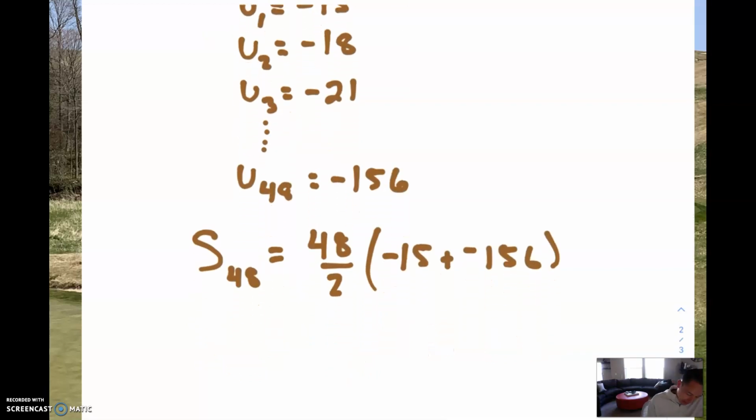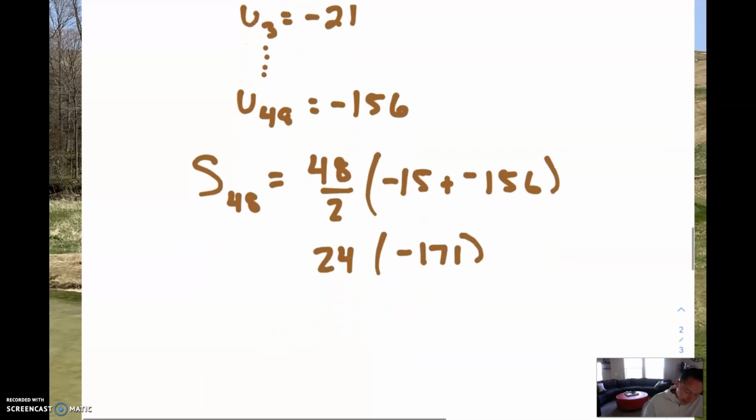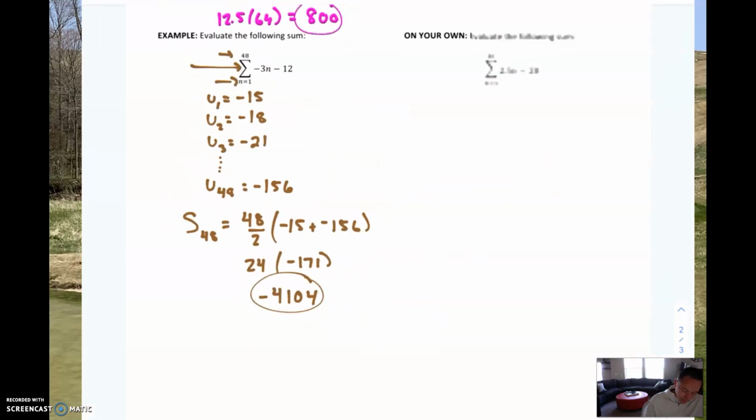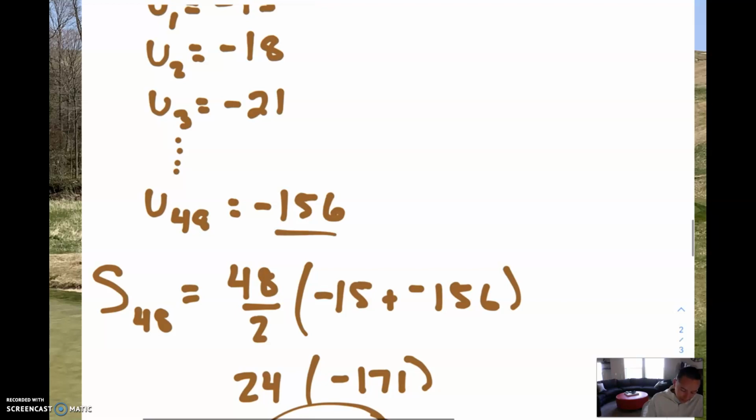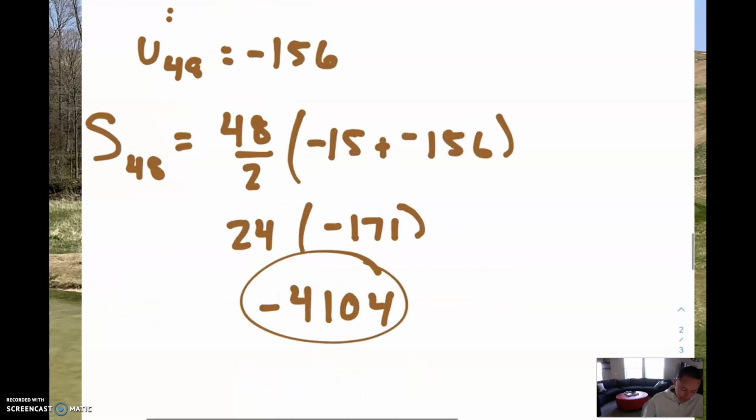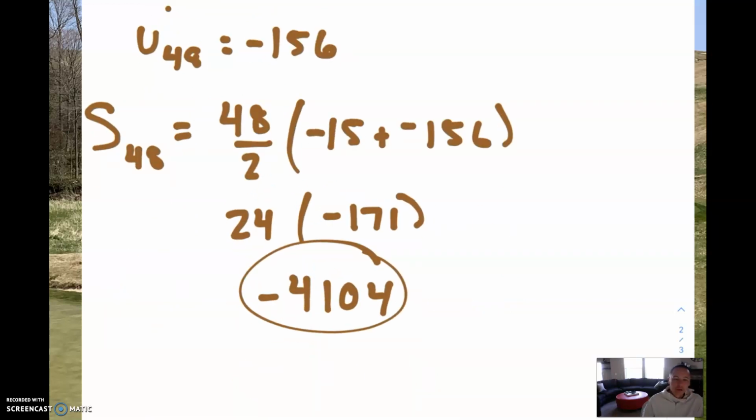And then we can simplify, that's a 24. And this becomes a negative 171. And the sum of all those 48 terms would end up being negative 4,104. So if you added negative 15 plus negative 18 plus negative 21 and so on and so on forever up until the stopping point here, those would all add up to negative 4104.